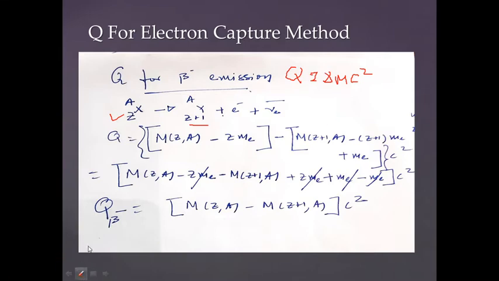So this is equal to delta M into C square, where delta M is the initial mass minus the final mass. Please understand that. It's not final minus initial, but initial minus final.